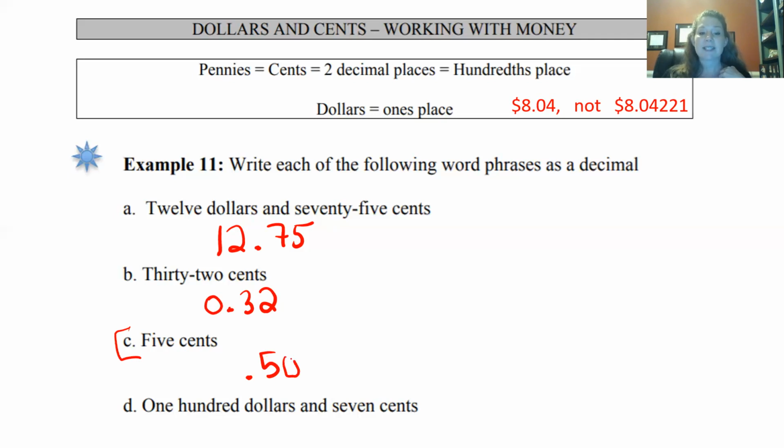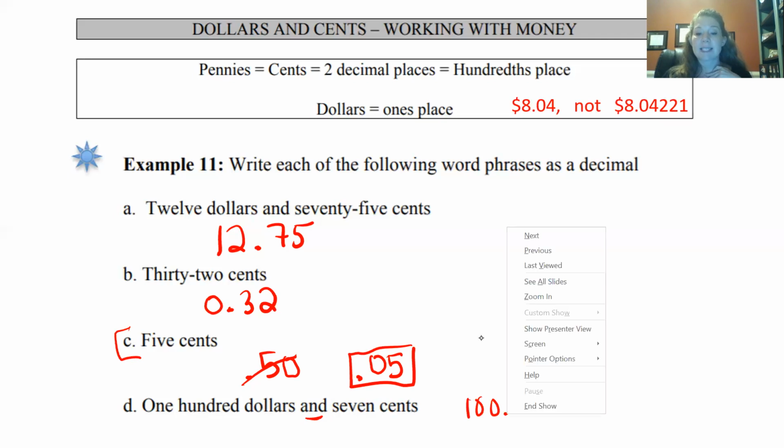So that's not 5 cents, that's 50 cents. So 5 cents would be no money in the tenths place, but this is 5 cents. So $100, and that's where your decimal goes, right? 7 cents. So $100, and not 70 cents, but 7 cents. $100.07.